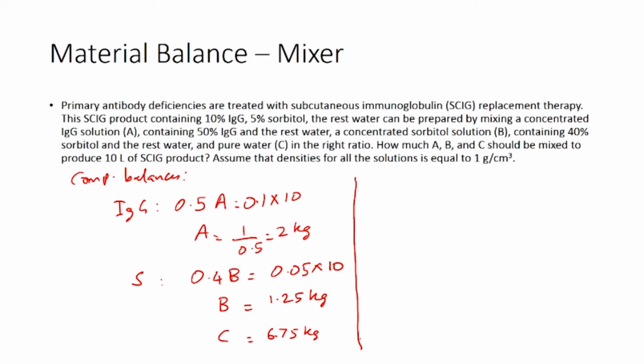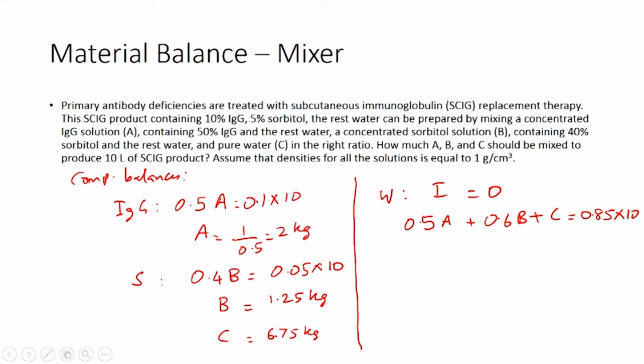So, we can plug in these values to the water balance equation to confirm whether our answers are correct. If we were to write a water balance equation, it would look like this. You again have input equals output. So, input is 0.5 times A plus 0.6 times B plus C, which will be equal to 0.85 times 10.